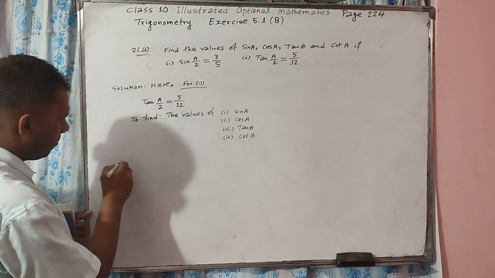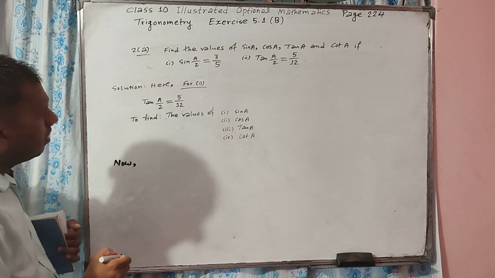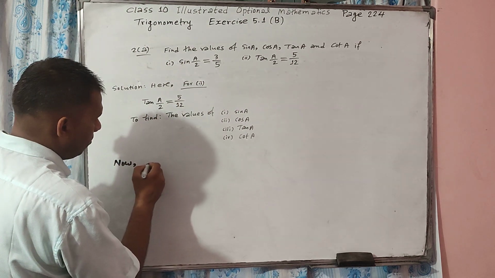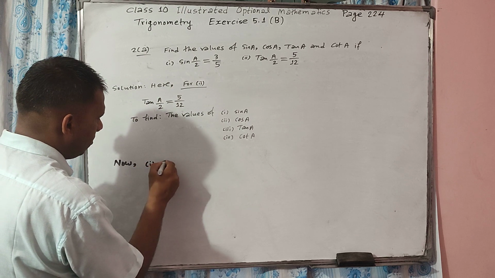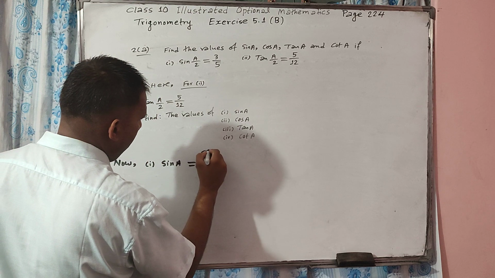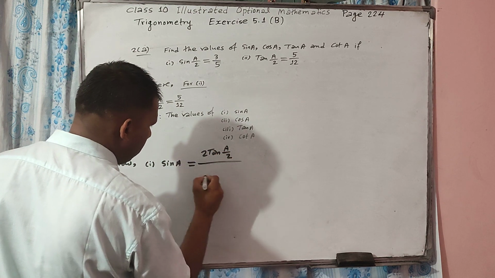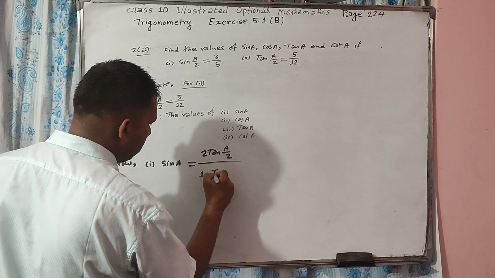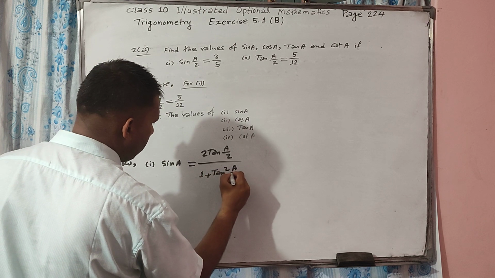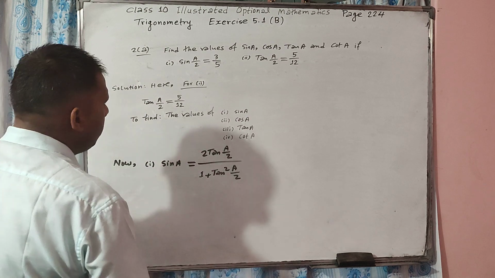Now sin A equals 2 tan A by 2 upon 1 plus tan square A by 2. Now put the value of tan A by 2.